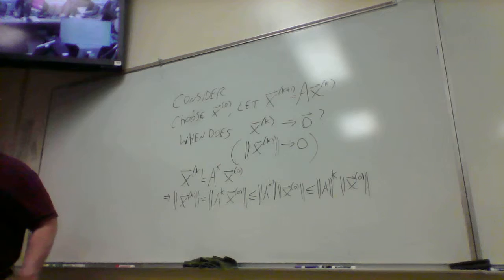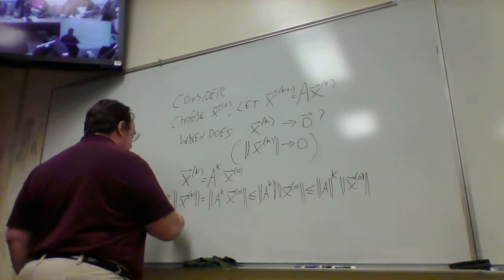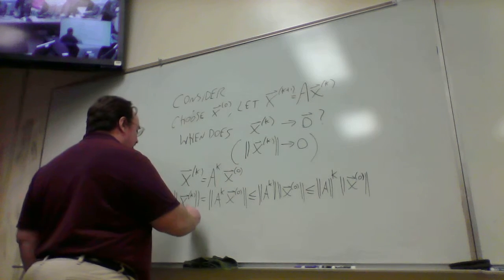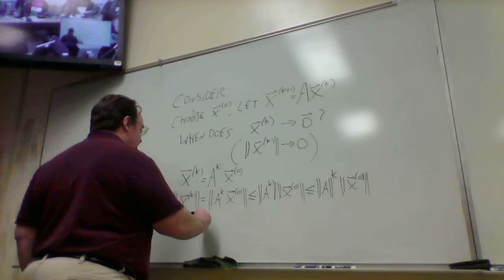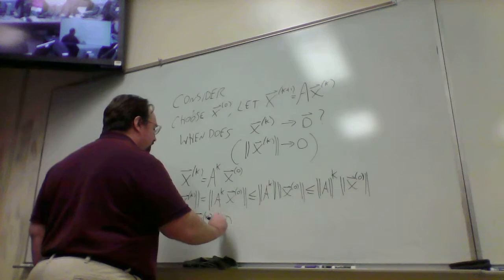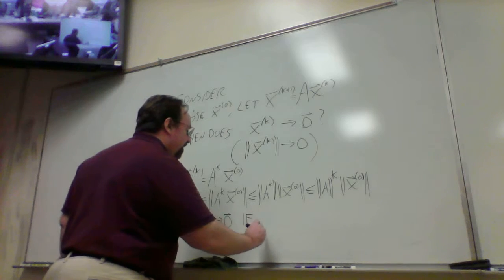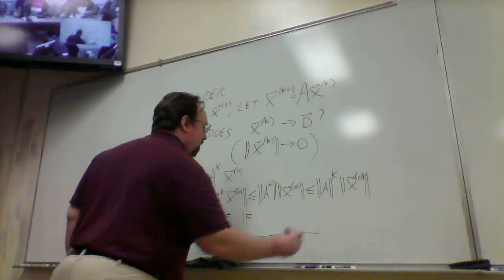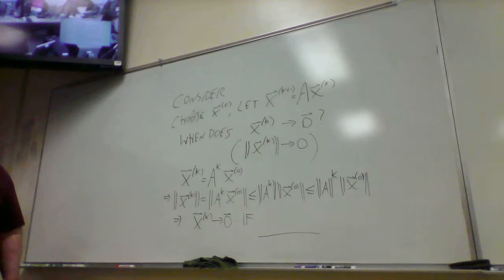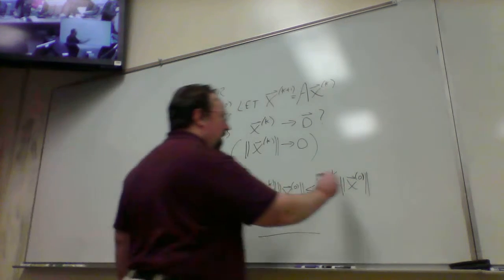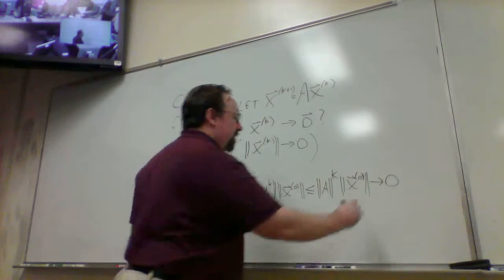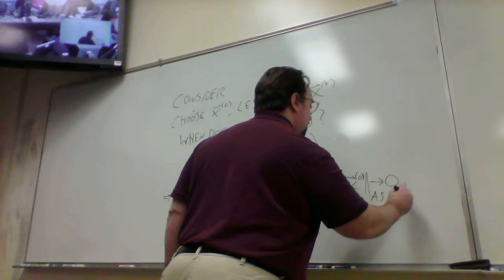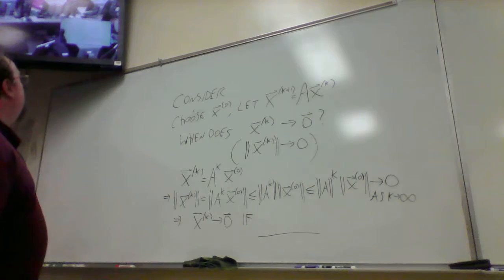So, based on that, we can say that xk is going to converge to the 0 vector if what? What condition on the norm of A, if it satisfies this condition, will cause these vectors to go to 0? So this quantity here, we want to be going to 0 as k goes to infinity.